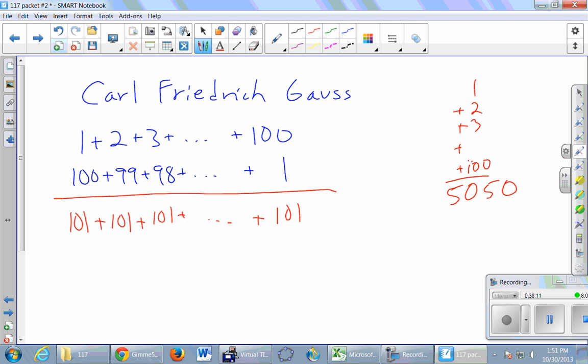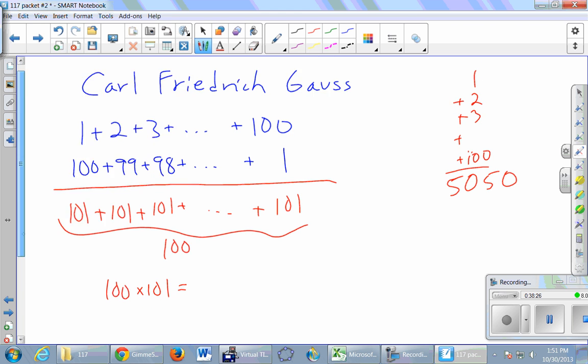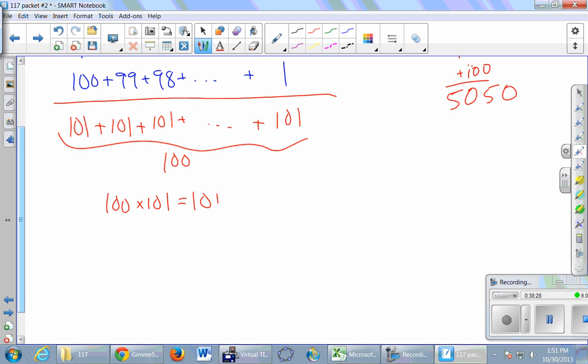That's multiplication. How many 101s do we have? 100. So Carl said, okay, I've got 100 101s. So we do 100 times 101. What is that? That's 101 with 2 zeros, right? 10,100. How come that's not the answer?